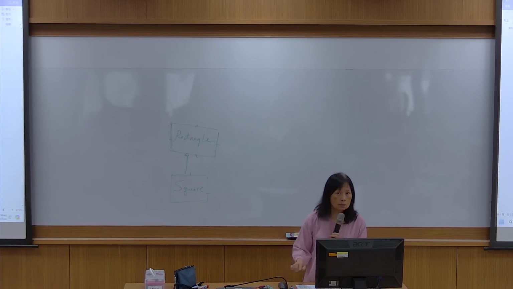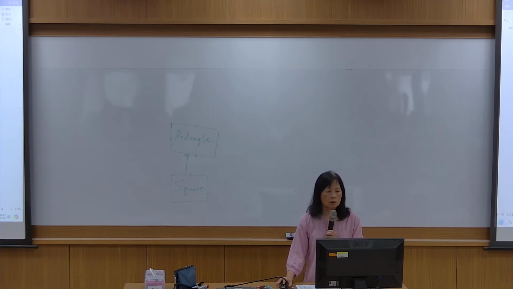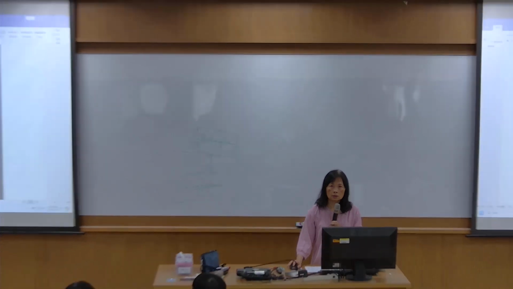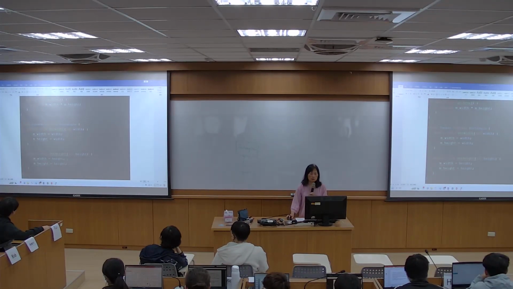Say it again. The set function width equal height. So here, height, right? So with the width and height, width the same as height, and height the same as width.